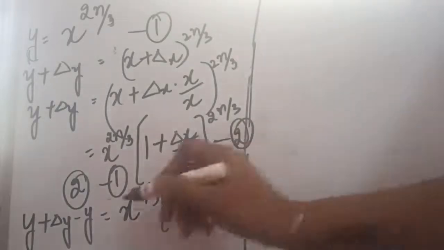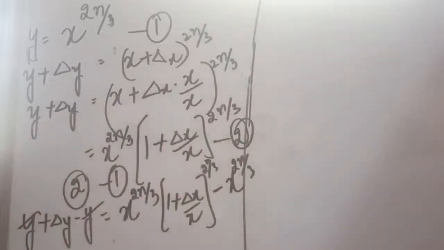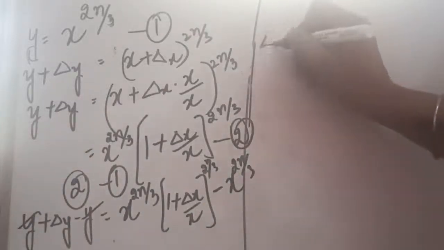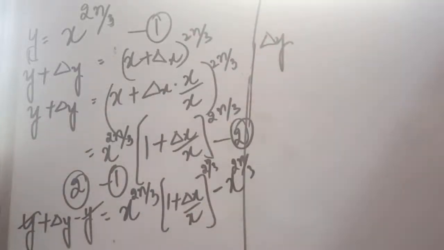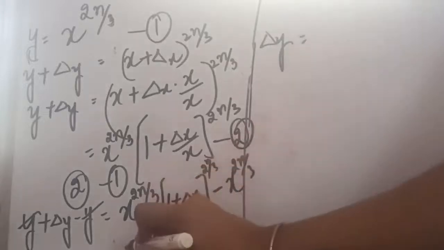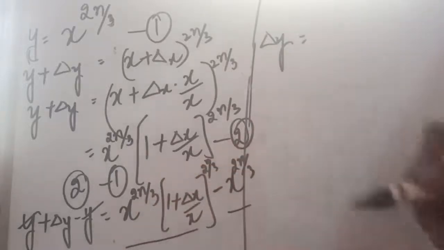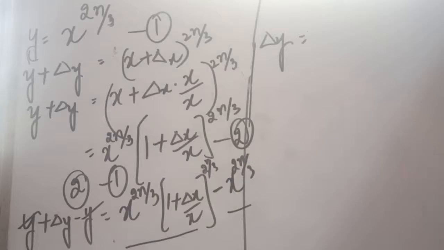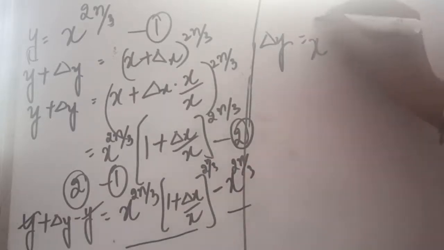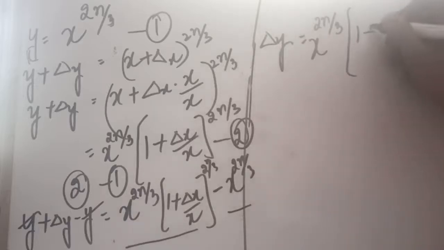So on the left hand side y gets deleted and we get delta y is equal to this. Here this is the first portion of the question and this is the second portion. We can see that x power 2n by 3 is common on both, so we are left with 1 plus delta x by x having power 2n by 3 minus 1.